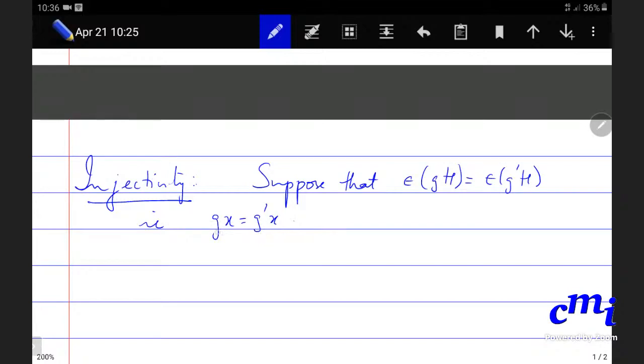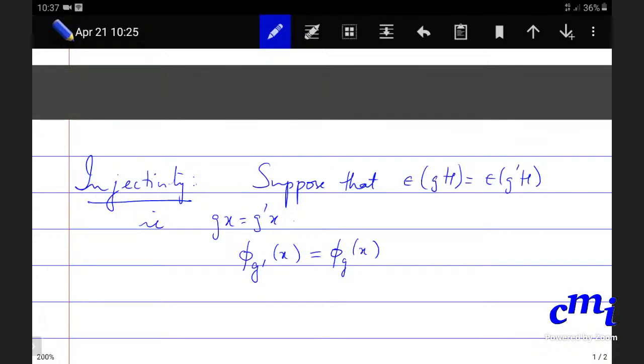This means that phi g prime of x is equal to phi g of x. We would like to show that the coset gH is equal to the coset g prime H, or in other words, that g prime is in the coset gH, or vice versa. That is enough.